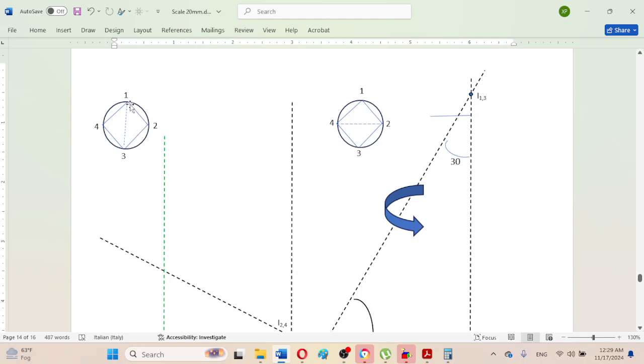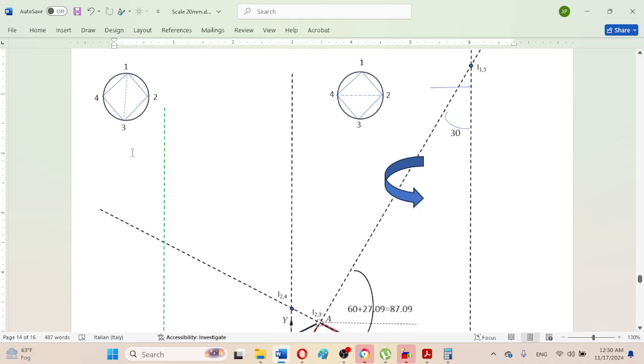So if we use this for the determination of the unknown instant center I1, 3, for link number 1 and link number 3, that instant center will be located on the I1, 2 and I2, 3 line.